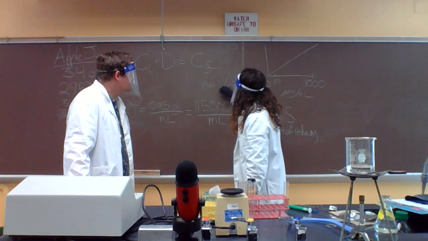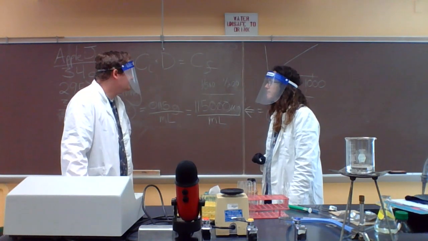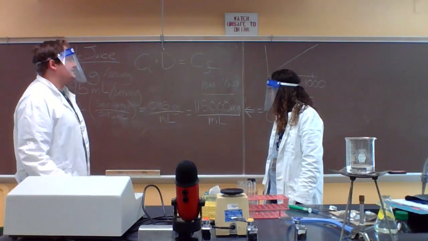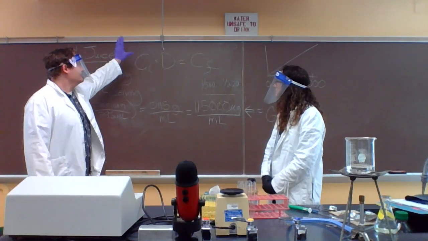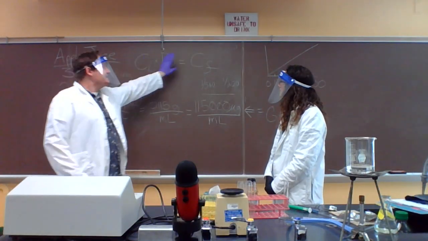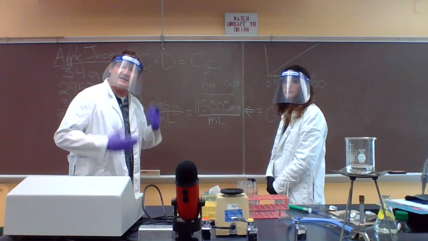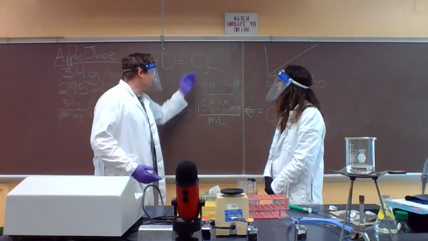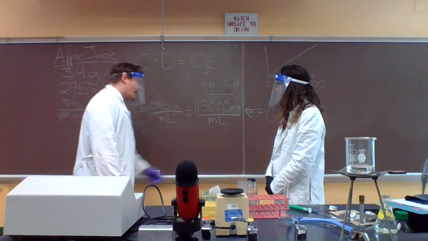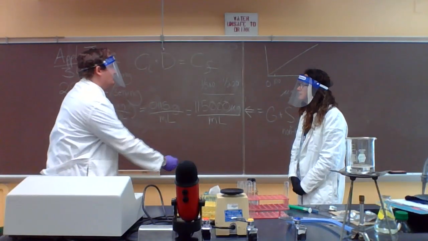And if we wanted to know what our concentration was, we can use C sub I times D equals C sub F: initial concentration times our dilution factor equals our final concentration. So why don't we quickly show you how that would work?